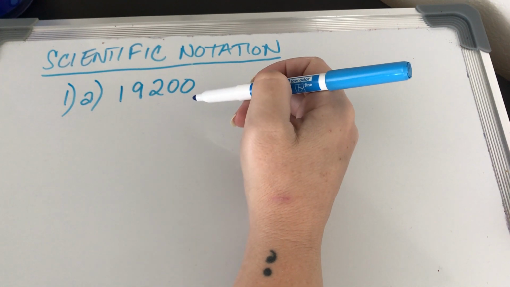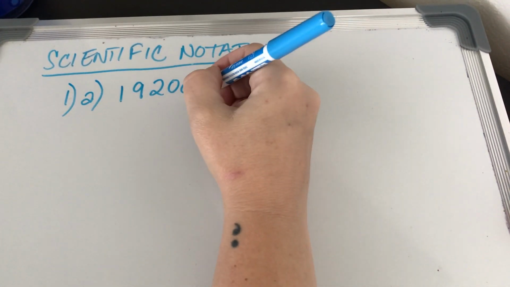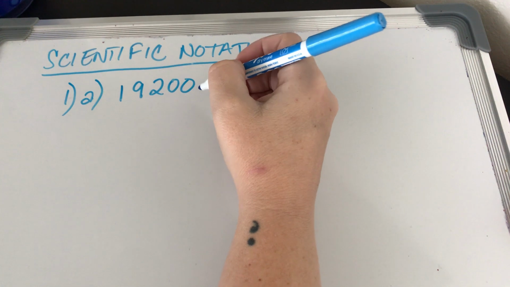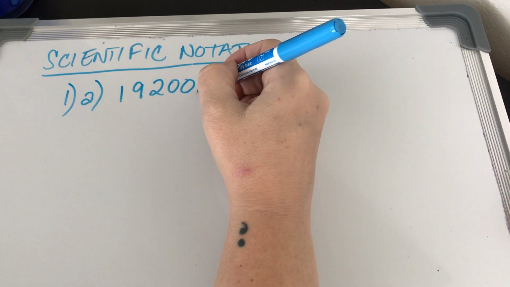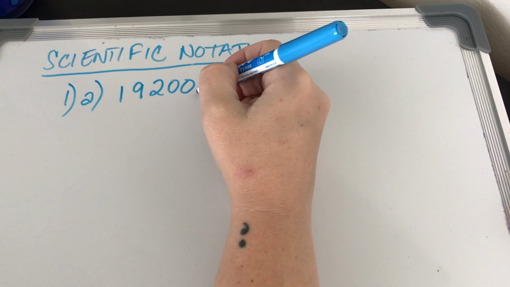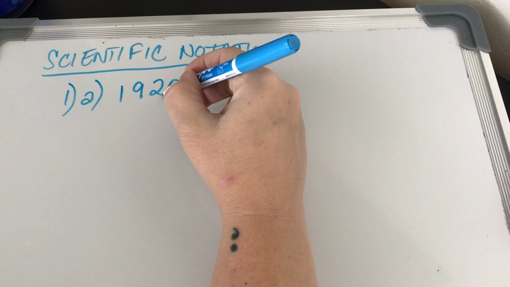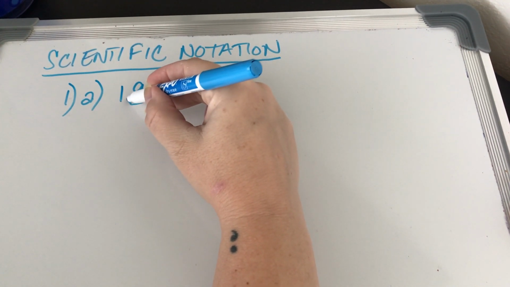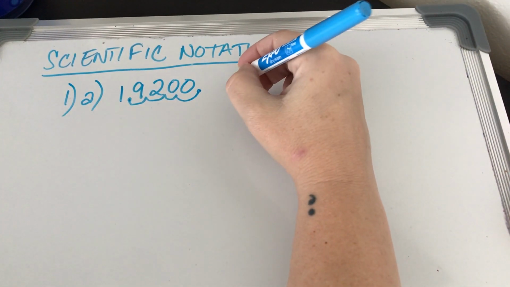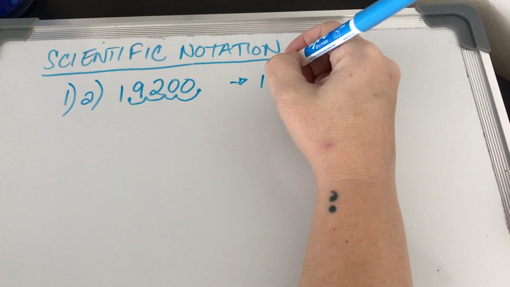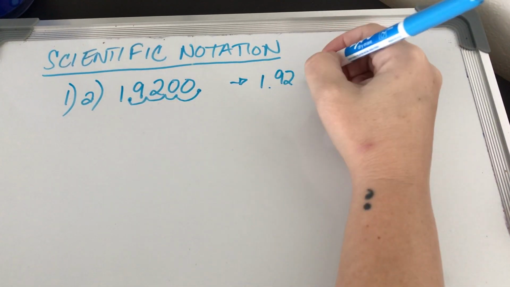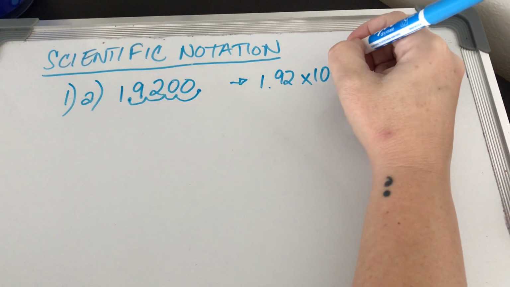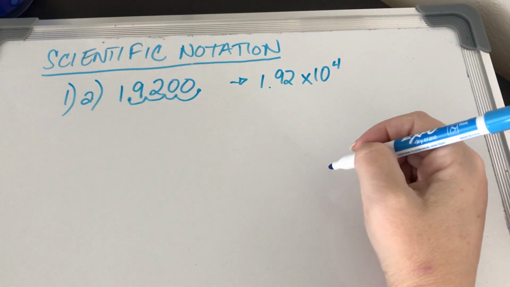Positive. Positive, exactly, right? So first things first, we're thinking this is going to have a positive exponent. So we have an invisible decimal place here. Move over 1, 2, 3, 4 places. And so we will have 1.92 times 10 to the 4th, right?